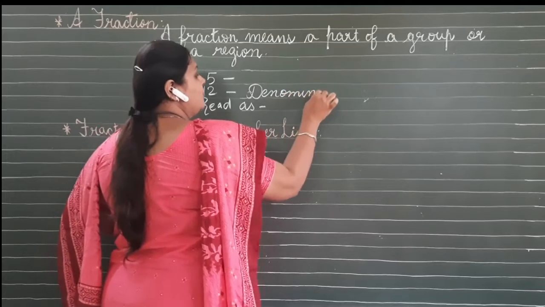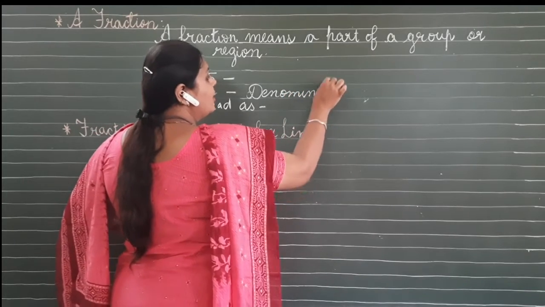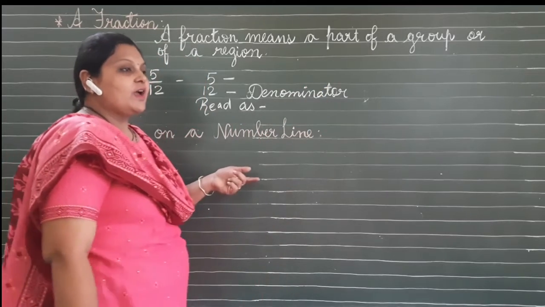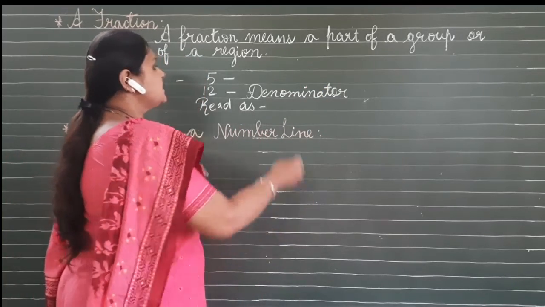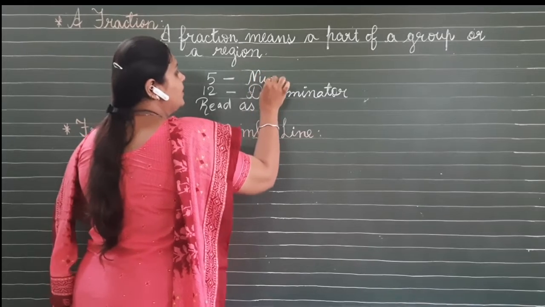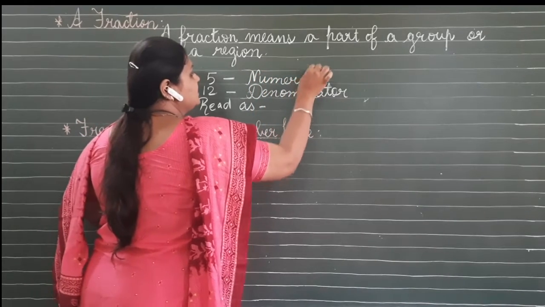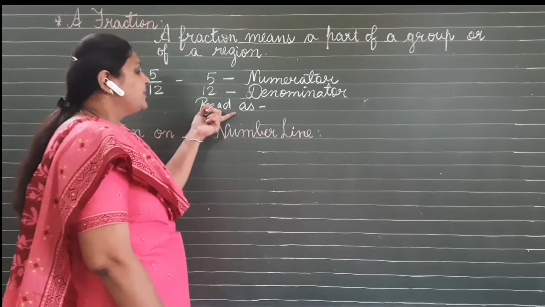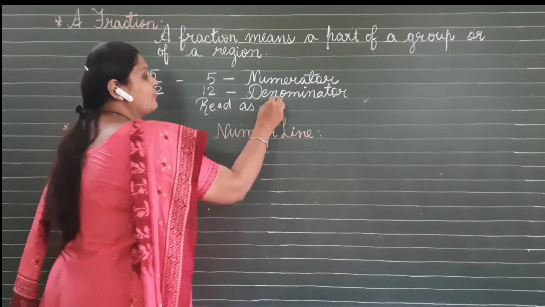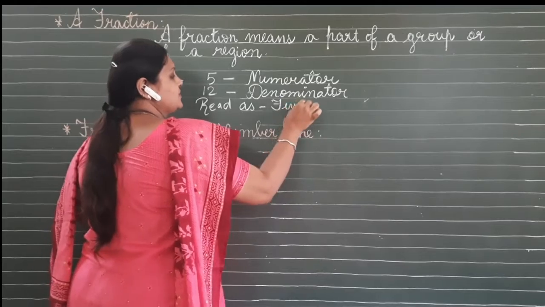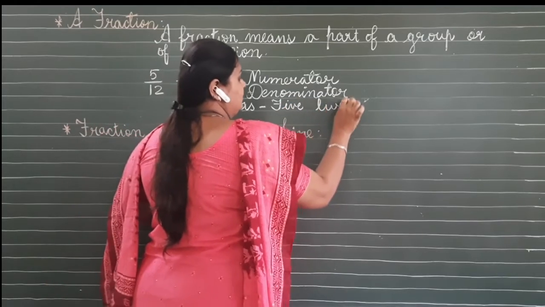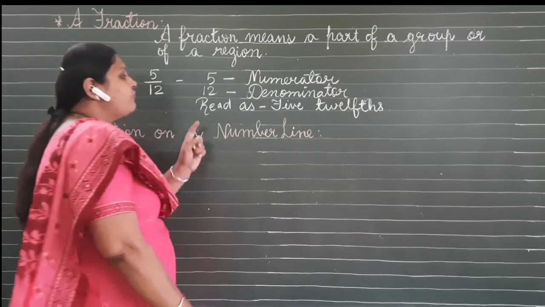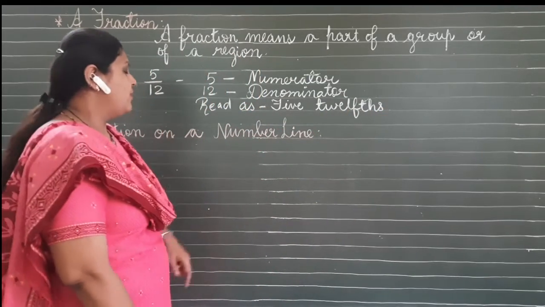So, we have to write total number of parts as the denominator. Whatever the parts we are representing should be the numerator. So, here 5 is numerator. How to read this? We can read as 5 twelfths, or we can read as 5 upon 12.